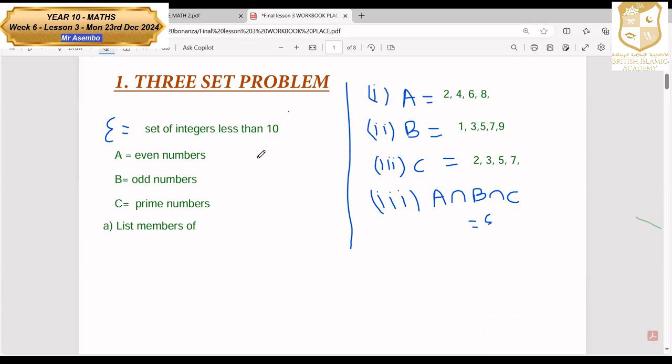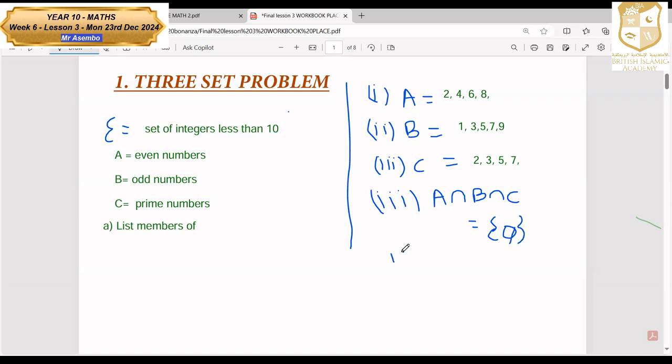Sorry, it has to be a curly bracket. It will be an empty set, or a null set, presented like that. That is a null set.